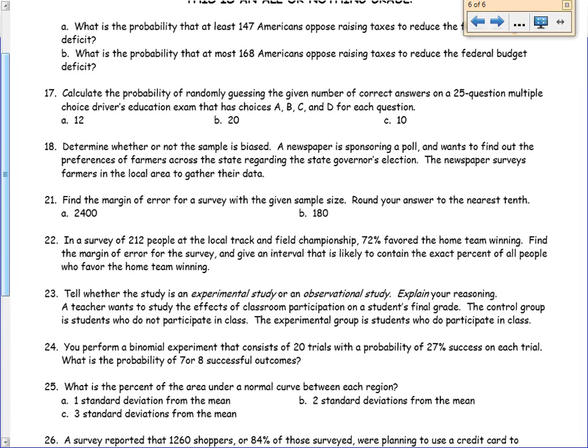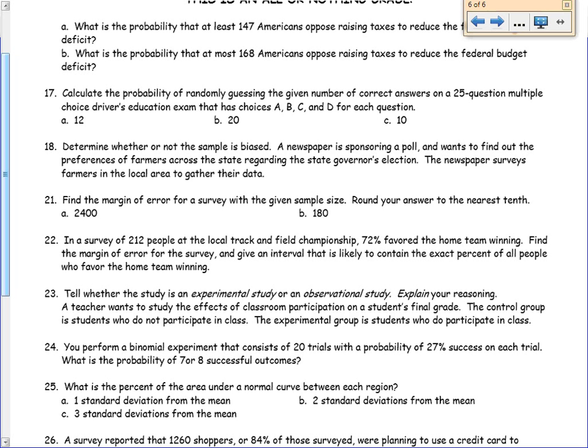Okay, here's binomial probability. The first thing is you have to know the formula for binomial probability. Look up here: nCr, the percent you get right to the r, the percent you get wrong to the n minus r.